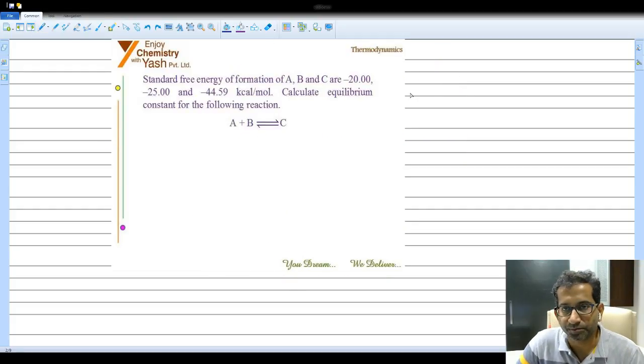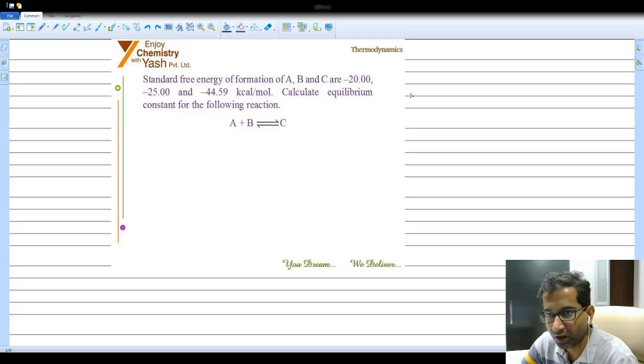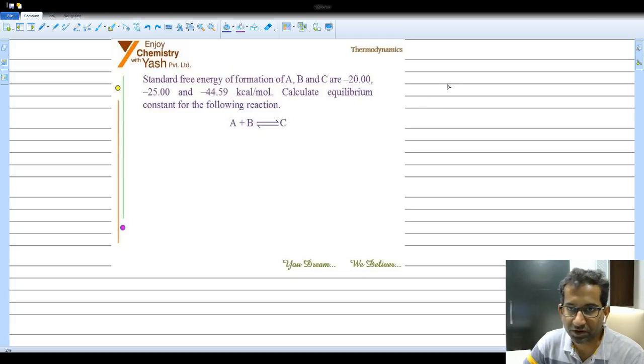Okay. The same question we are solving, and now we will find out the equilibrium constant. Note down the question.